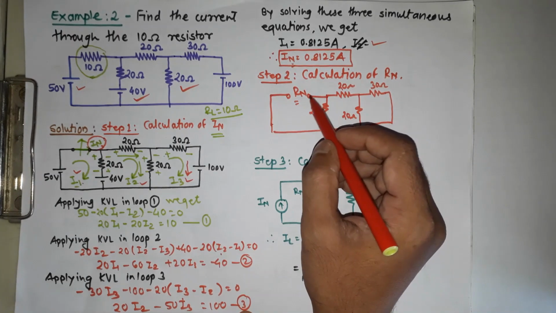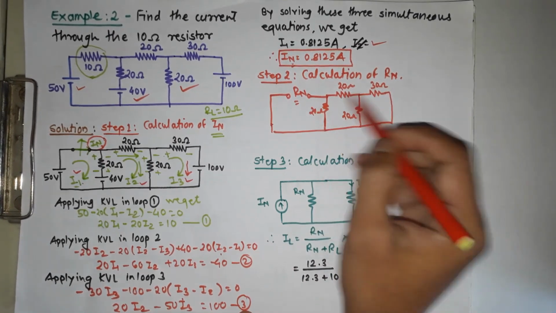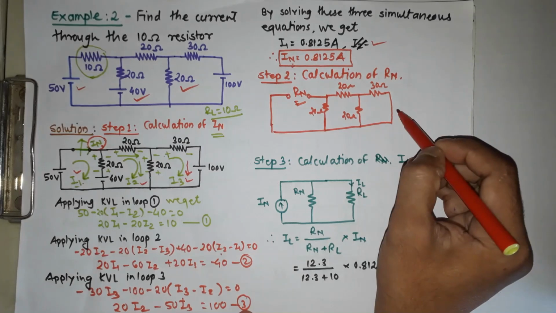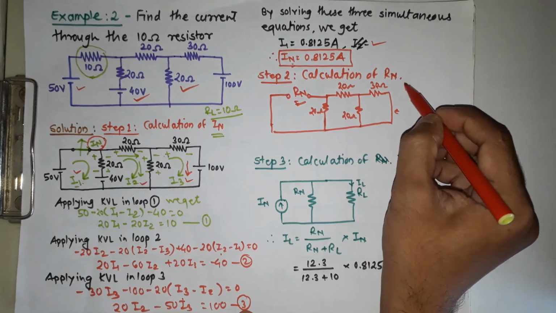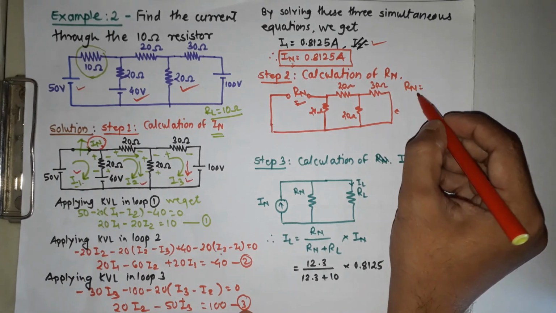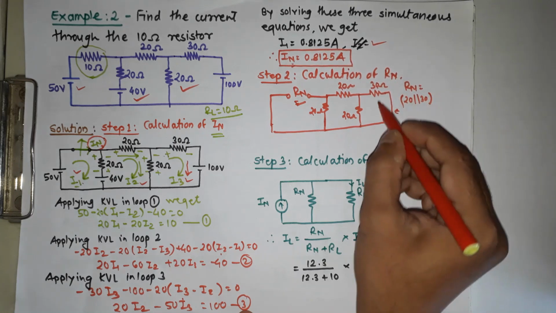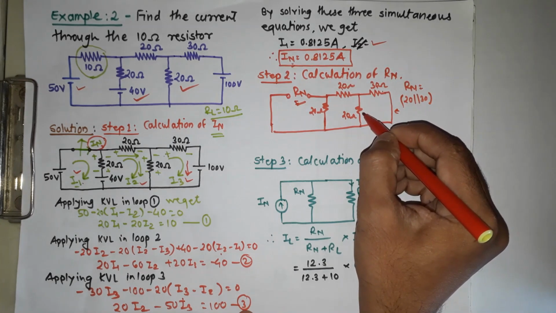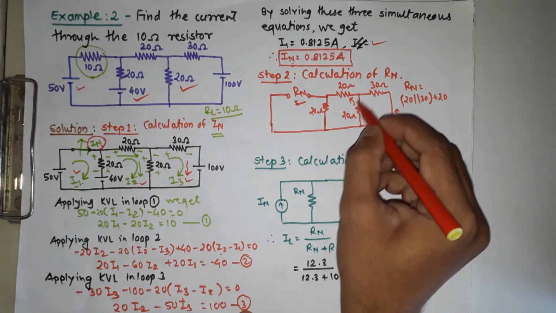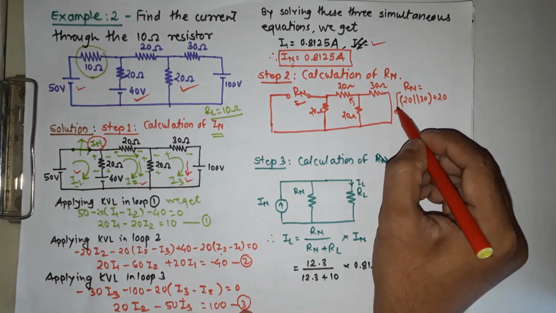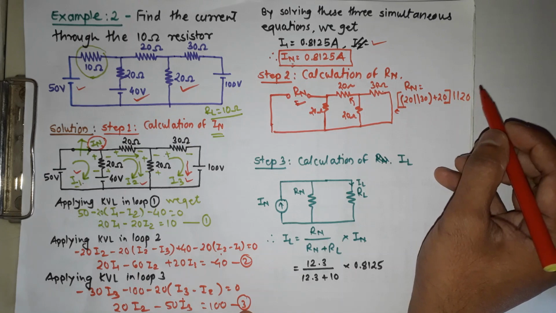Always remember that when we are finding the resistance or equivalent resistance, start reducing the circuit from the other end. Suppose you have to find the resistance here, so start reducing from this end. So this 30 and the 20 are in parallel, so RN is equal to 20 parallel with 30, then this combination will be in series with 20, so plus 20, and this whole combination will be in parallel with 20.